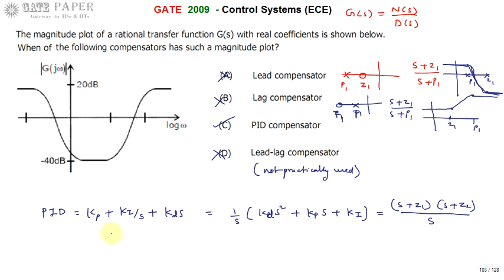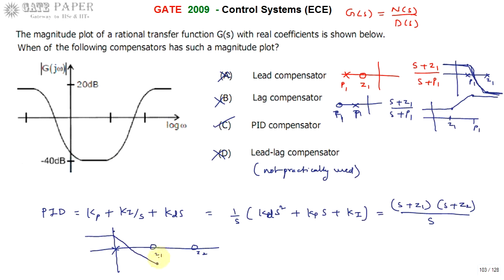For the PID transfer function, there is a pole at the origin, and the zeros are z1 and z2. Before that the magnitude may have a constant slope, and after that the pole at the origin gives minus 20 decibels per decade till z1 occurs.